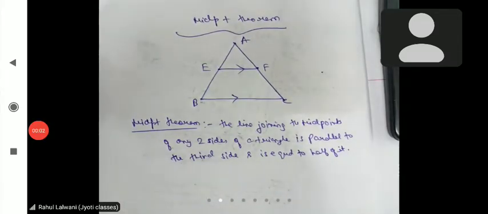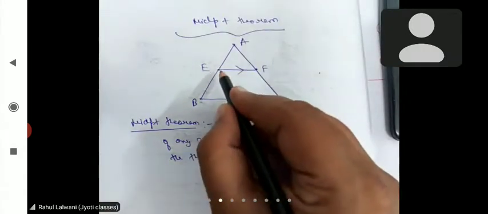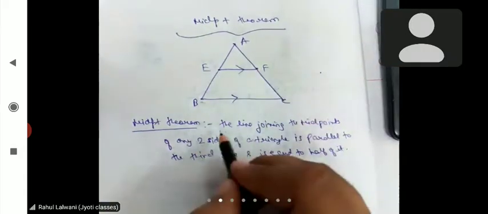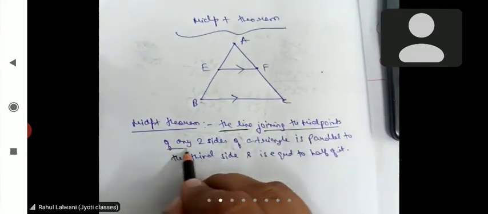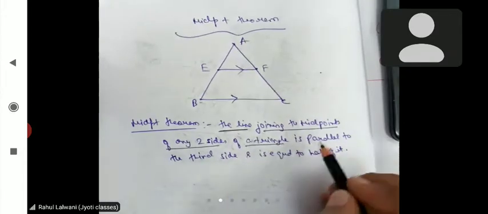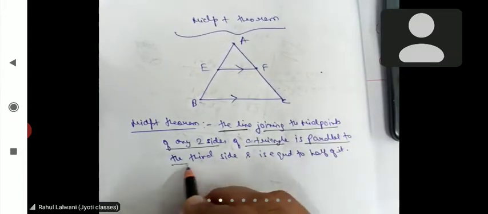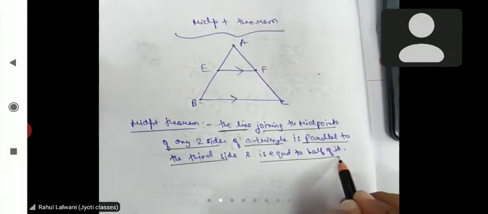The topic for standard 9 maths, midpoint theorem. According to the midpoint theorem, the straight line joining the midpoints of any two sides of a triangle is parallel to the third side and is equal to half of it.